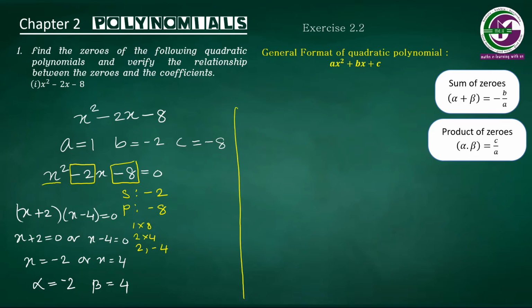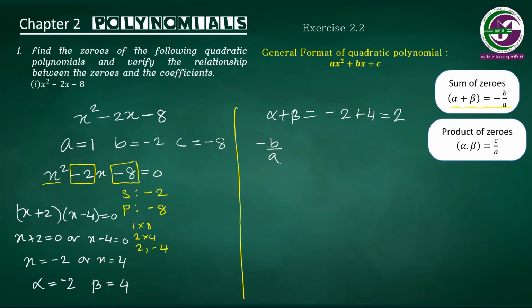Now we'll verify the relationship between the coefficients and zeros. First we'll find alpha plus beta. Alpha plus beta equals negative 2 plus 4, that means 2. Now we'll find minus b by a. We need to verify alpha plus beta equals minus b by a.